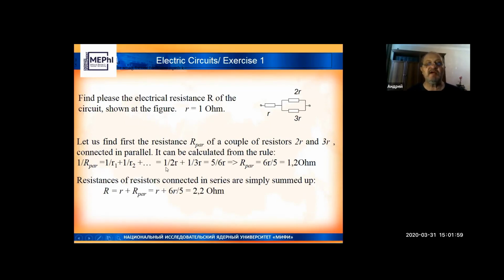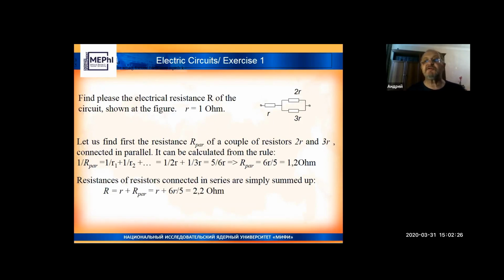In our case we have 1/2 plus 1/3. It would give us 5 divided by 6R, or finally, when we extract the value of the resistance of this couple of parallel resistors, we will obtain 1.2 ohms.